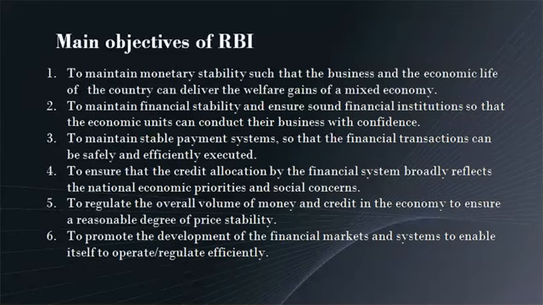So in order to maintain the monetary stability, and also to improve the economic life of the country, RBI takes steps. You know what a mixed economy is now: a mixture of socialism and capitalism.